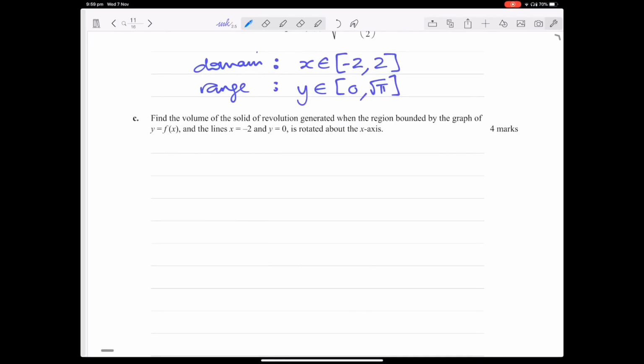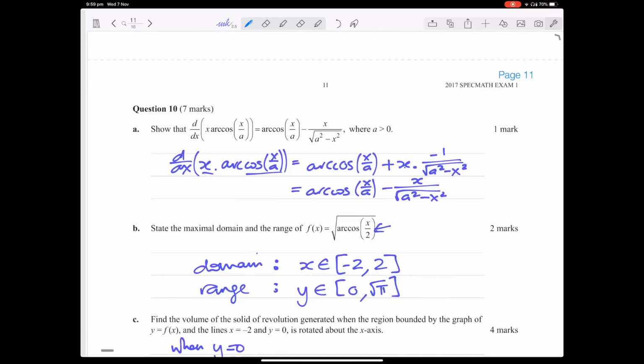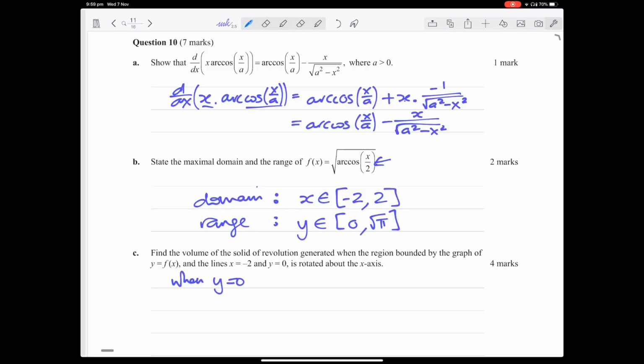Find the solid volume of revolution. Okay, when the region bounded by the graph y equals f of x and the lines x equals -2 and y equals 0 is rotated about the y-axis. So if we let y equal 0, the graph of f of x, oh, we just worked that out.